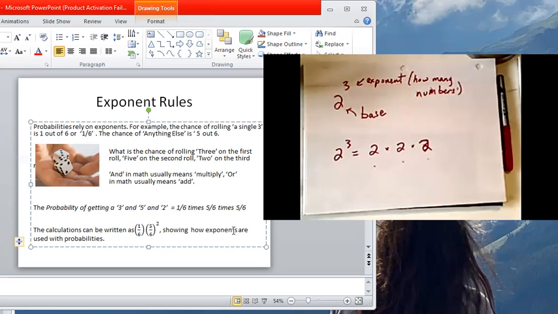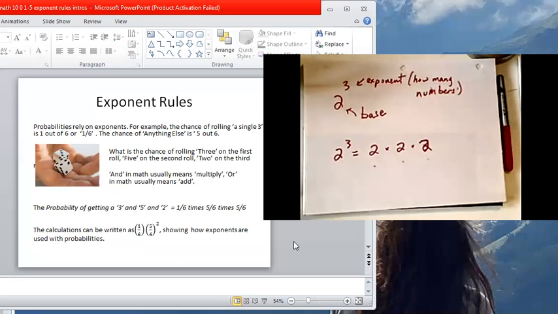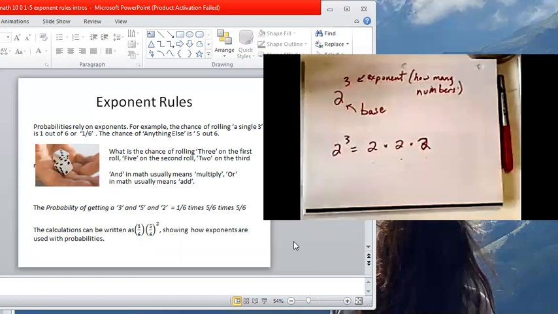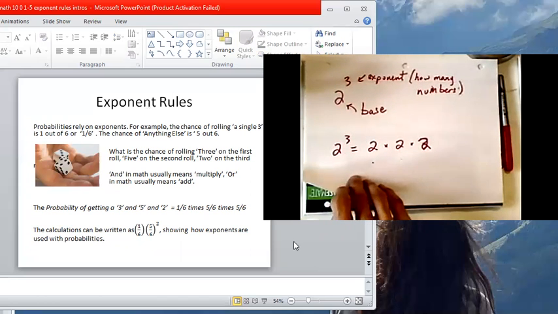And if you wanted to look at a particular situation, the chance of rolling a 3 and a 5 and a 2, it means multiplying again, times. Right? And we can simplify, and what do we get? Another exponent up here. So we have to know how to work with these things in order to be successful in our mathematical lives.